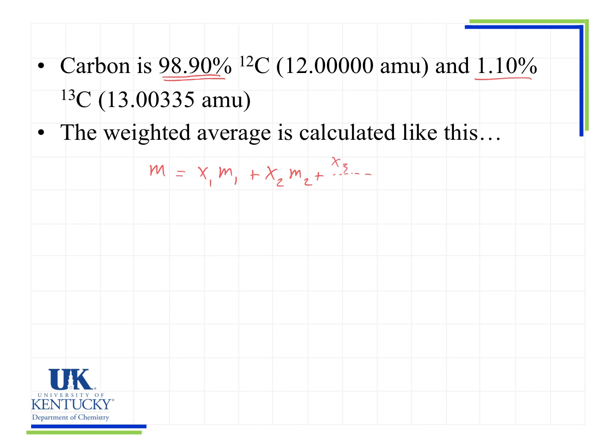It means we have x3 m3, x4, and we can continue. But for this course, you don't have anything more than 2 isotopes, okay? And this M is the average mass. X is natural abundance.